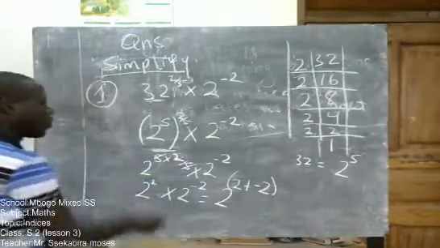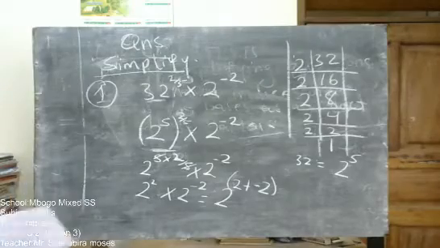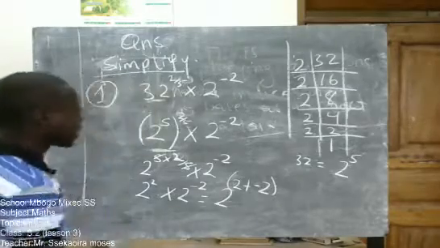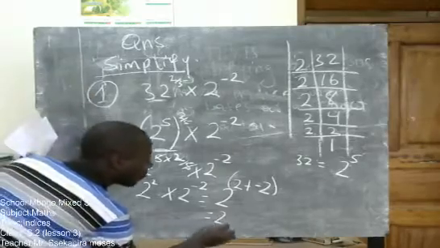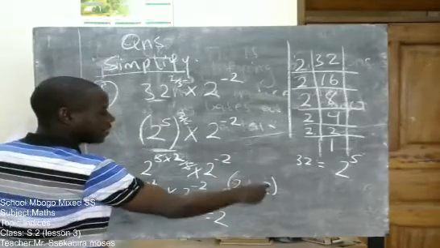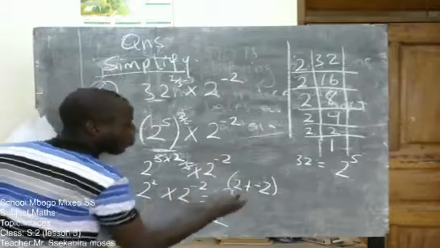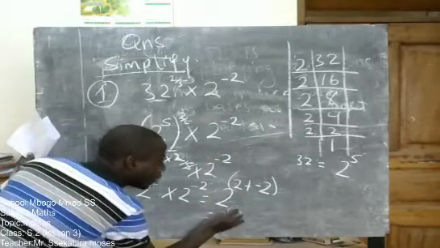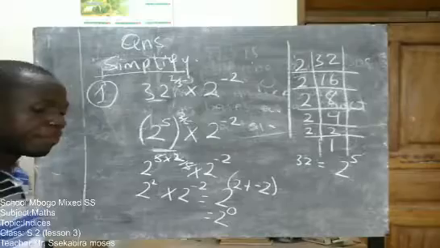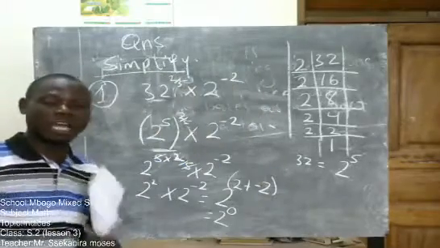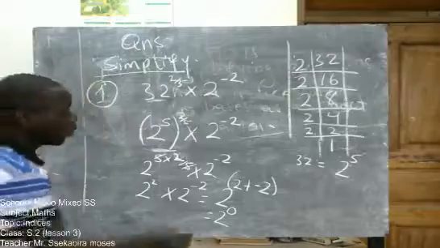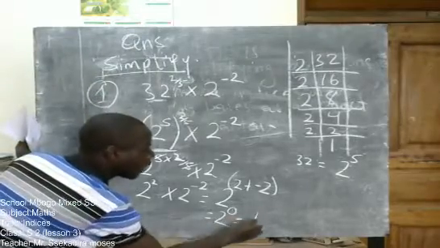Why plus? Because we are multiplying numbers of the same bases. 2 plus -2 is the same as 2 minus 2, which is 0. But remember, any number to power 0 is 1. So this one will become 1.